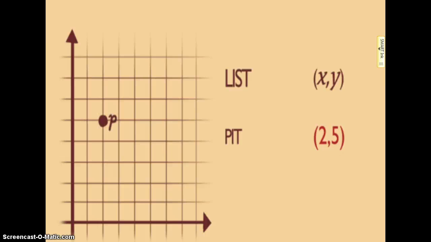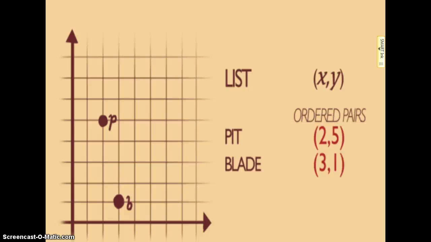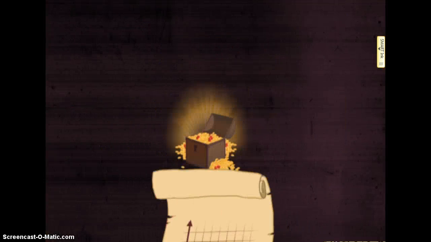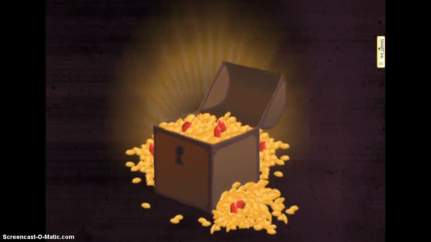There's a swinging blade at 3, 1, so I count 3 on the x-axis, son. I count 1 up on the y. I put a B for a blade on the spot, no lie. 2, 5, and 3, 1 are both ordered pairs. A pair of numbers that will show me where the treasure itself is at 3, 6. I plot that point on the map real quick, and then I count out my steps until I see so much gold, and it takes away my breath.